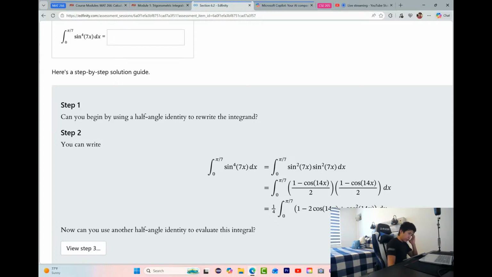So half angle, that's the 1/2 one. So we can rewrite that as plus 1/2 times 1 minus cosine of 16x, I believe. Okay, wow. So if we got that wrong, then we should have gotten something else wrong over here.